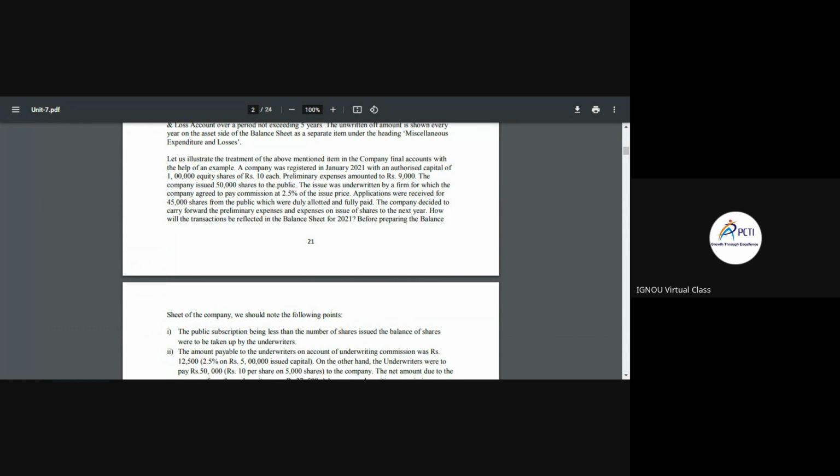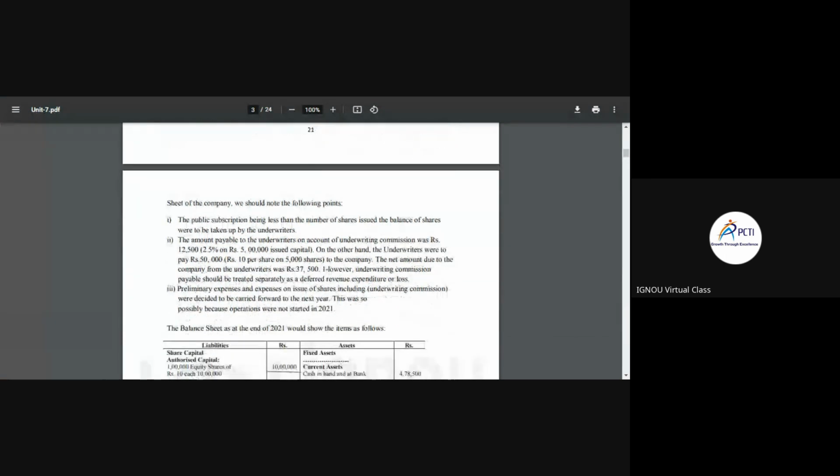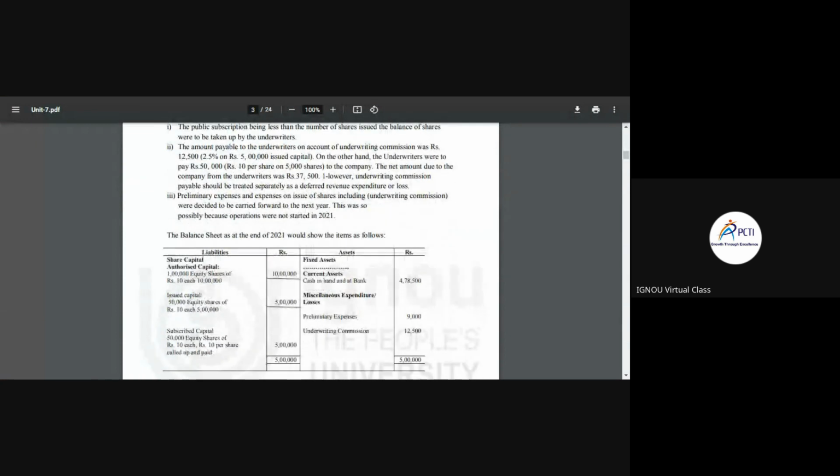Before preparing the balance sheet of the company, we should note down the following points. First, public subscription being less than the number of shares issued, the balance of shares was to be taken up by the underwriter. The amount payable to the underwriter on account of underwriting commission was rupees 12,500, that is 2.5% on 5 lakh, and that 5 lakh is our issued capital.